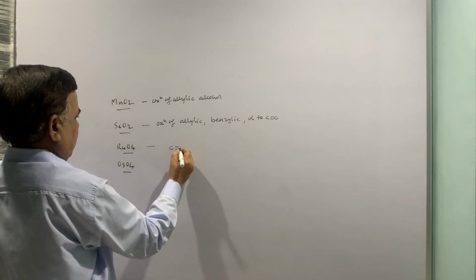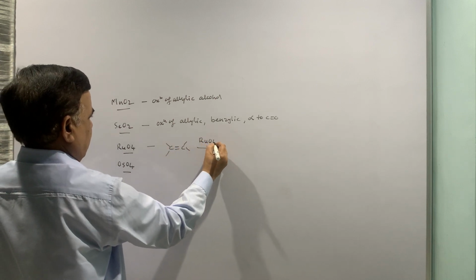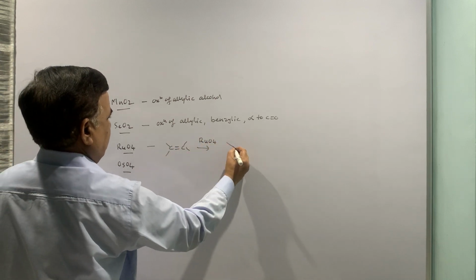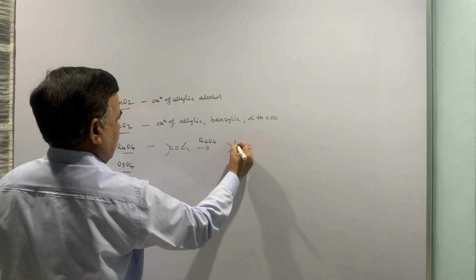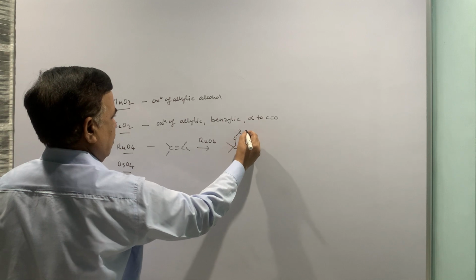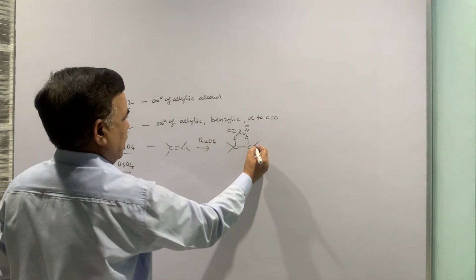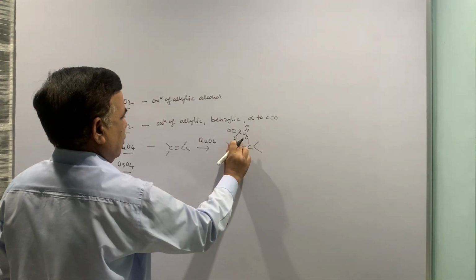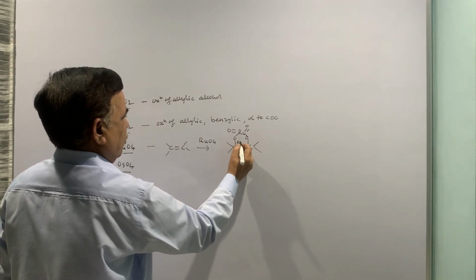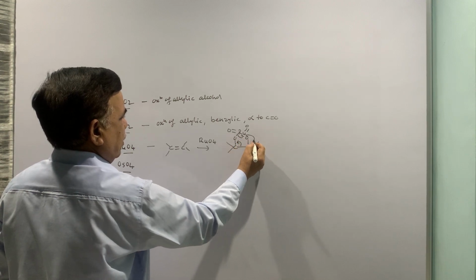Ruthenium. If you take this kind of example, ruthenium tetroxide, the addition is more or less similar to the osmium tetroxide one. This is ruthenium. They belong to the same group, so the addition part is similar. In this case, what happens is this breaks off, goes off, this goes up.